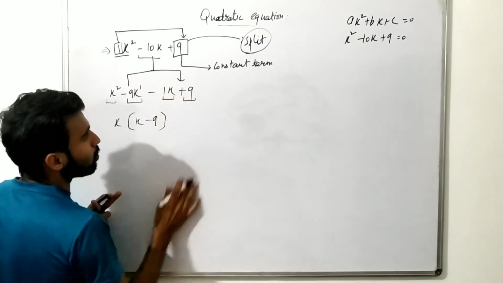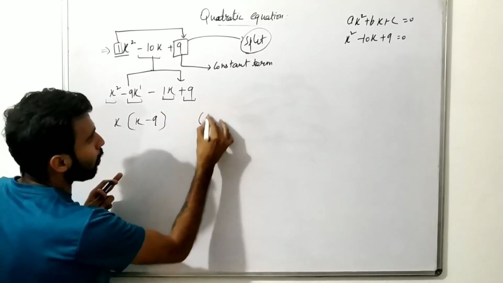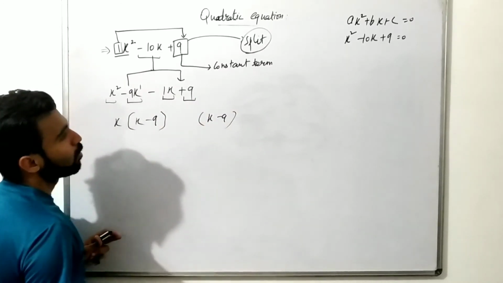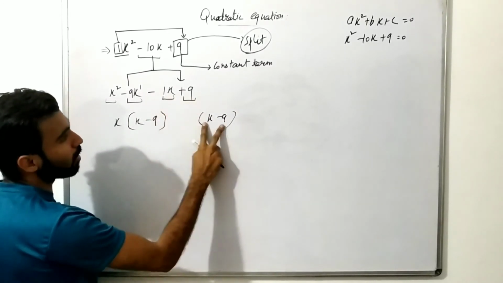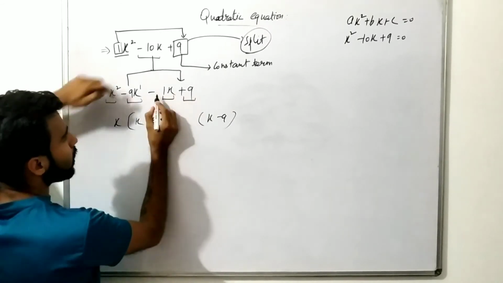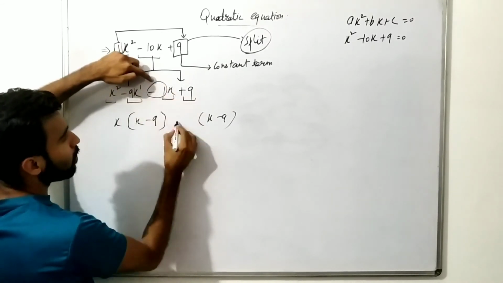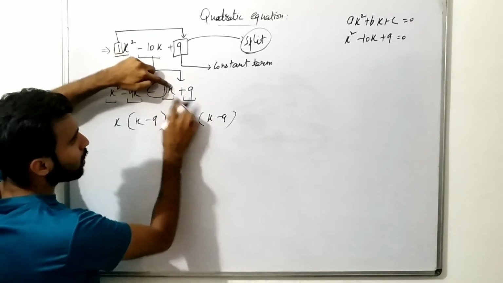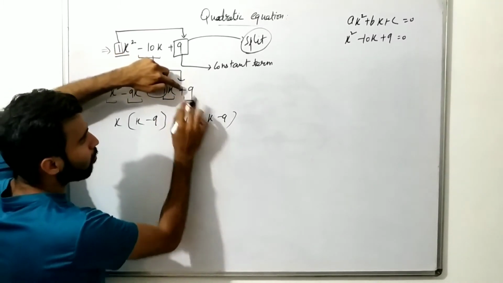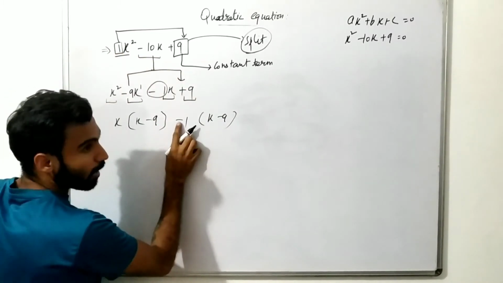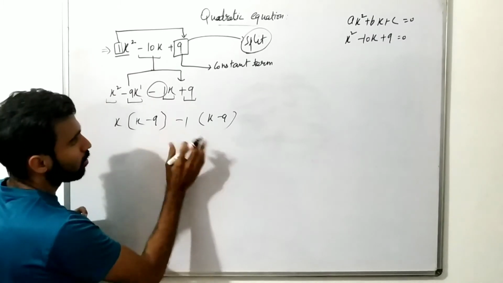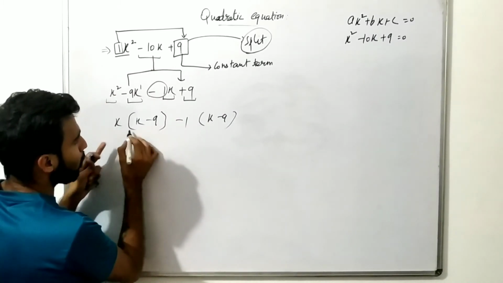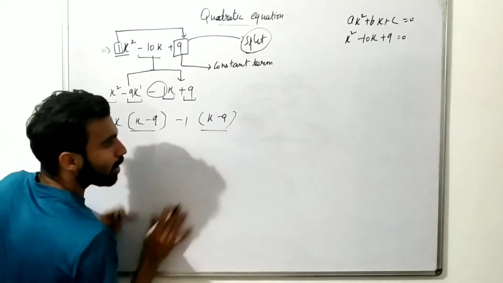the next two terms so that this bracket will remain as it is. So what is common in the next two terms here? You can see here, if I take this minus 1 out here, so what is remaining is this plus 6 and this plus 9 will become minus 9, as I have taken the minus sign outside common here. So this is all. You have to simply make this bracket common here.